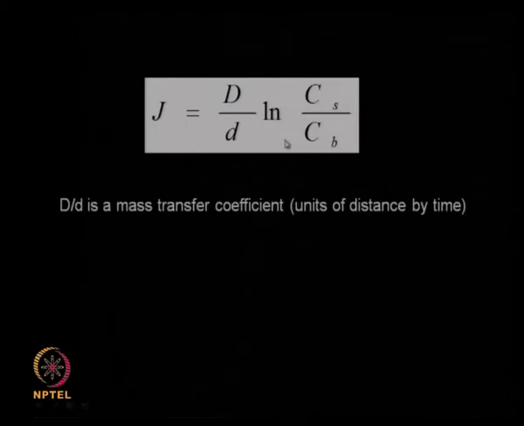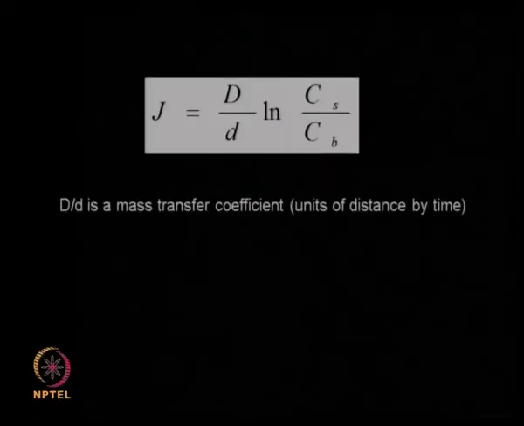This is a first order differential equation, so it is very simple to solve. We will get J equal to D divided by d times the logarithm of Cs by Cb. Cs is the concentration of the solute on the upstream near the surface of the membrane because of the concentration polarization, and Cb is the concentration in the bulk. Cs will be larger than Cb.